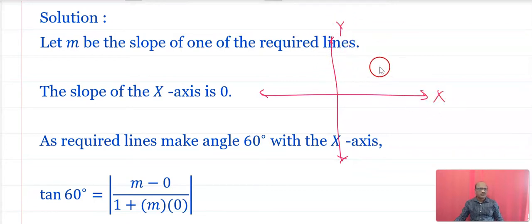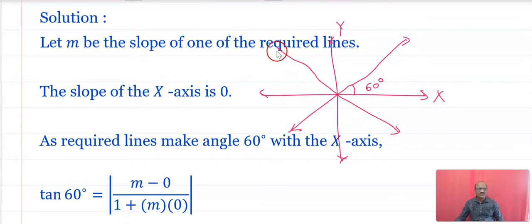Both of these lines pass through the origin and each makes an angle of 60 degree with the x-axis. That is 60 degree, and the next also makes an angle of 60 degree here. This is L1 and this is L2.